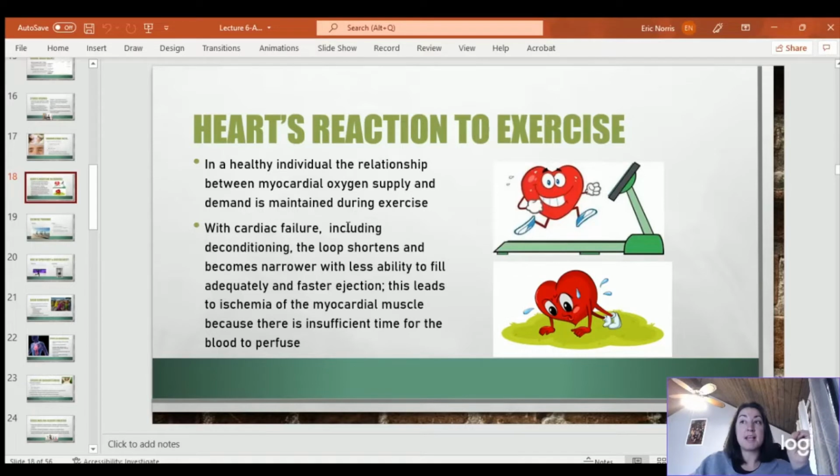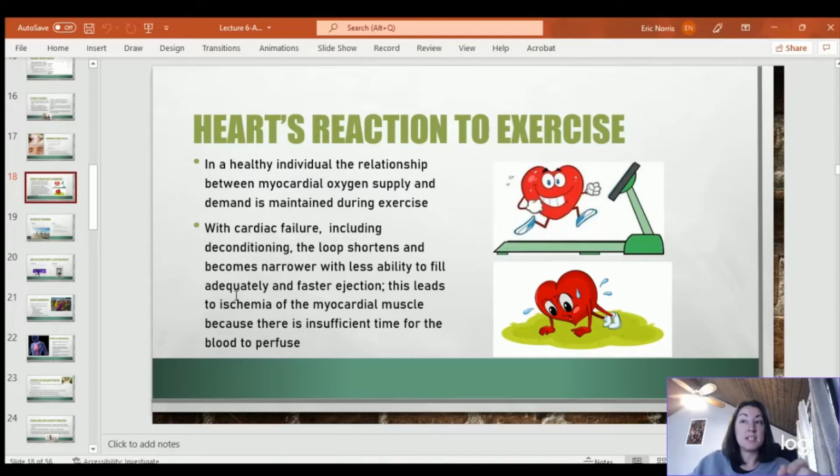If somebody has cardiac failure or is significantly deconditioned, the loop shortens and becomes more narrow, so their heart is less able to adequately fill and eject the blood.